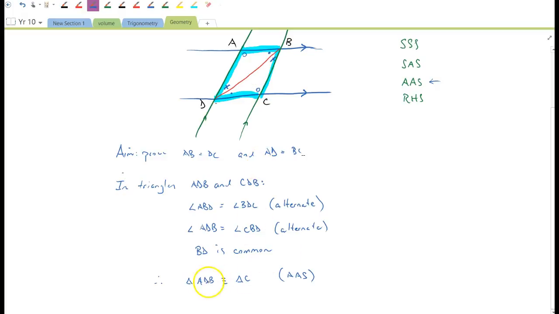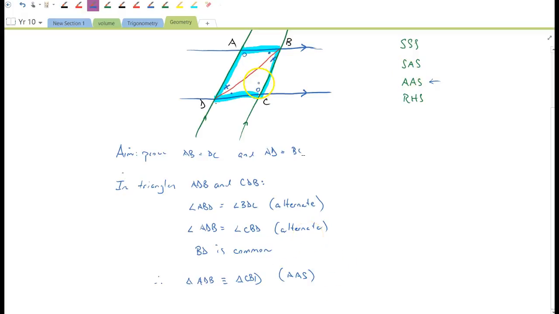My angle D in ADB is my X angle, which is my angle B in my other triangle. So I've got to match them up. And the dot angle in ADB is D in the other triangle. So CBD is my other triangle. So my proof is AAS.